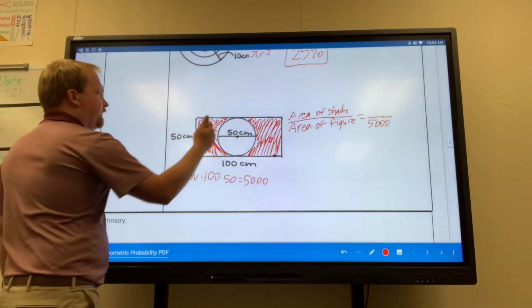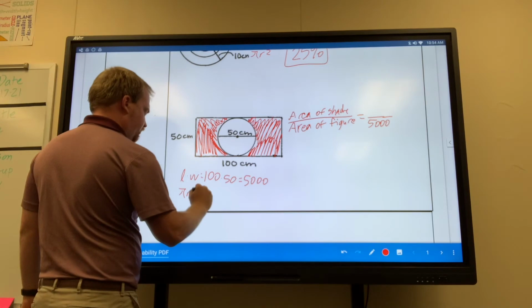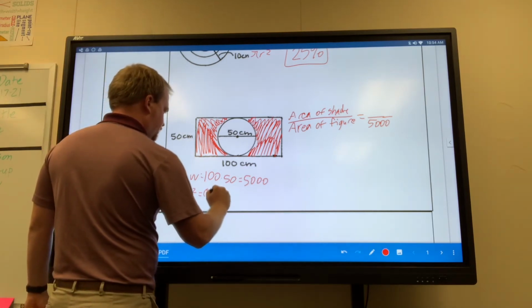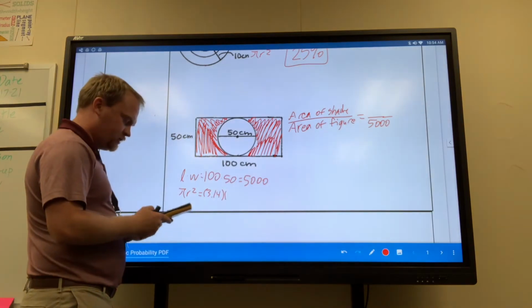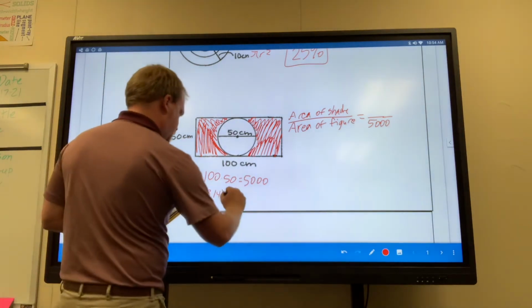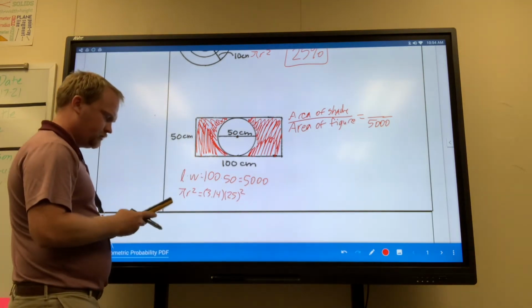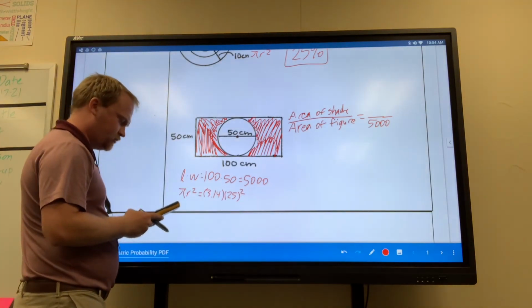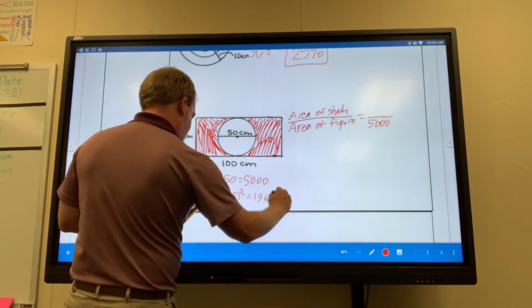But now I have to find the area of the circle. That's pi r squared, which is 3.14 times 50 is my diameter, so I divide that by 2 to get 25 squared. 3.14 times 25 squared will give me 1962.5.